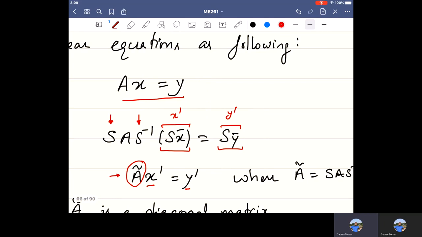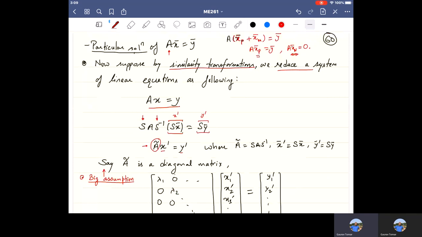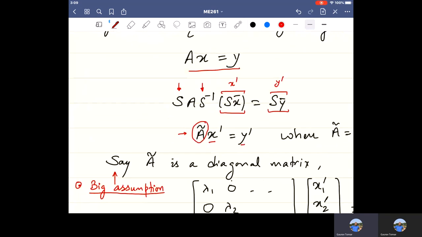Now we have to find the solution to this system. For now, let's say A tilde is a diagonal matrix. Only a certain kind of matrices can be converted into a diagonal matrix by this similarity transformation. Such matrices are called diagonalizable matrices.